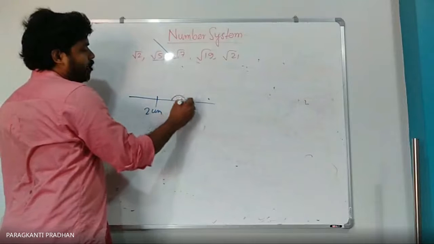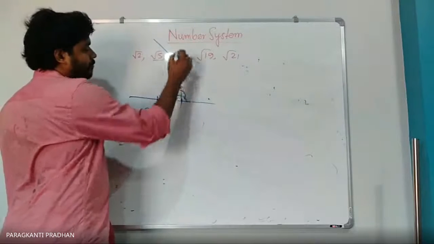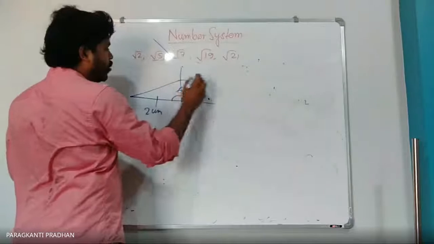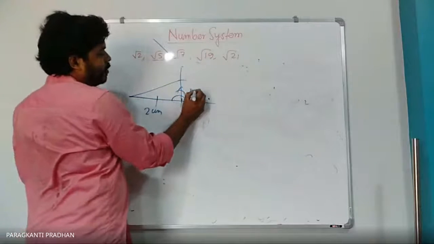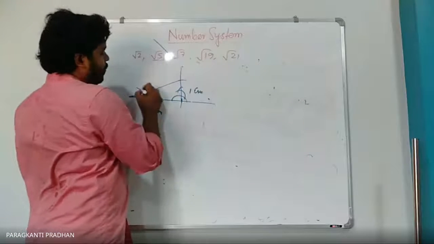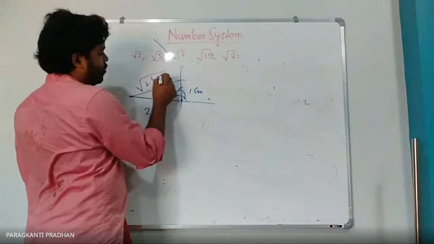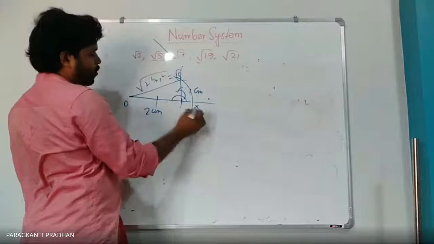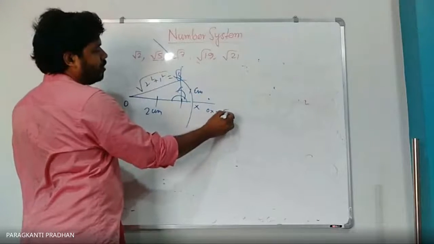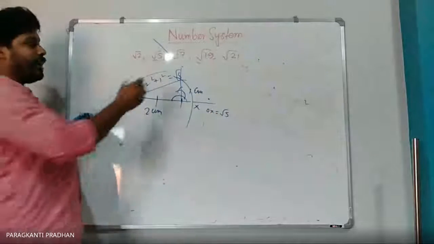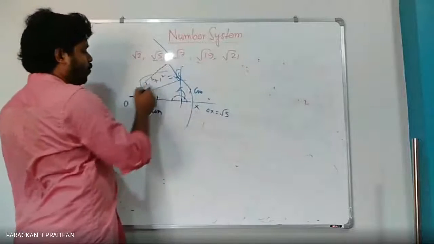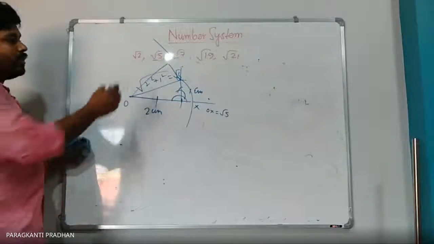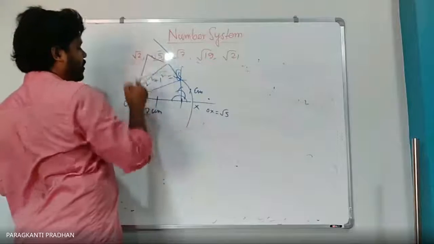Then draw the 90-degree here and take 1, then join. This is 2 centimeter and this is 1 centimeter. And this will be root under 2 square plus 1 square, that is root 5. And directly you get X, so OX is equal to root 5. For root 7, taking 1 and 1, this will be root 6, then root 7.